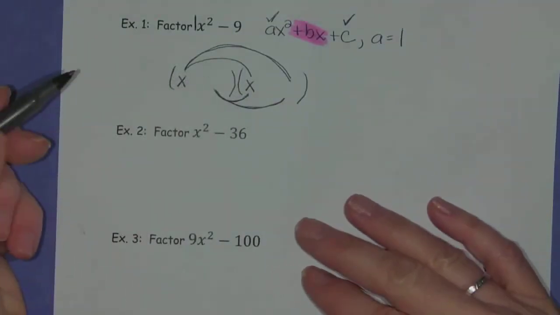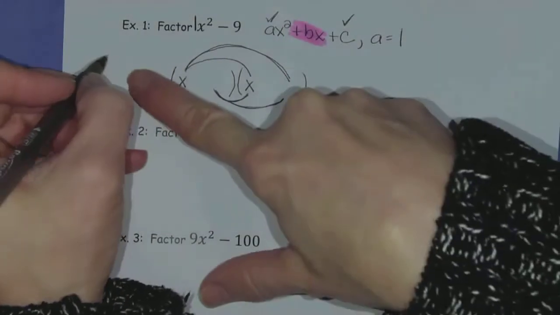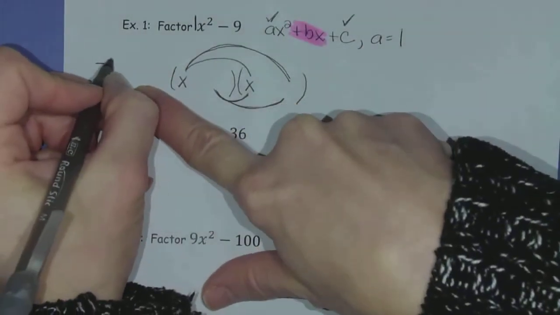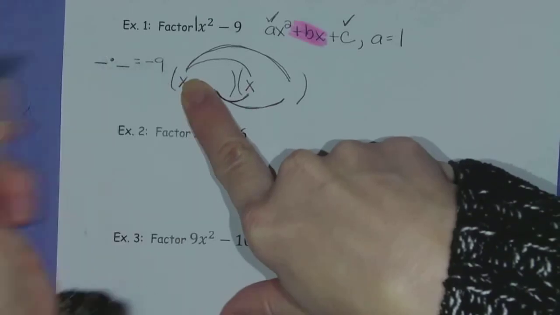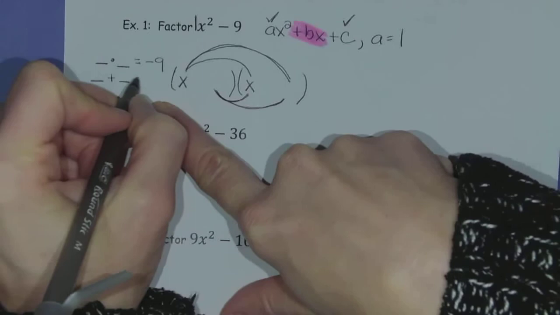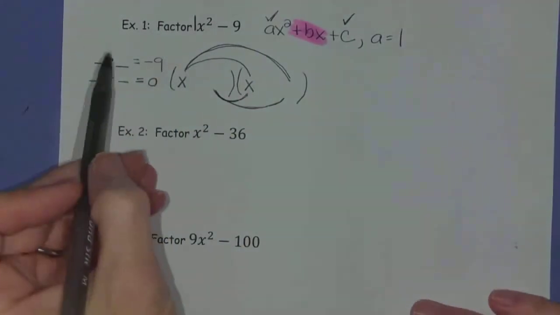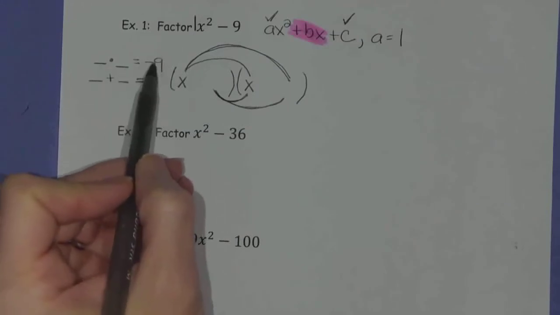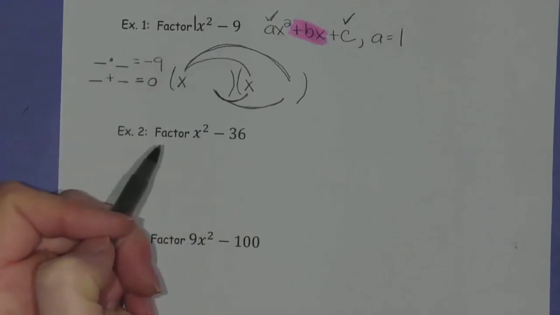So going off the language of the last video, my two numbers need to multiply to be -9, but they must add to be 0. They've got to drop out. So two numbers that when I multiply them, I get -9, and when I add them, I get 0.